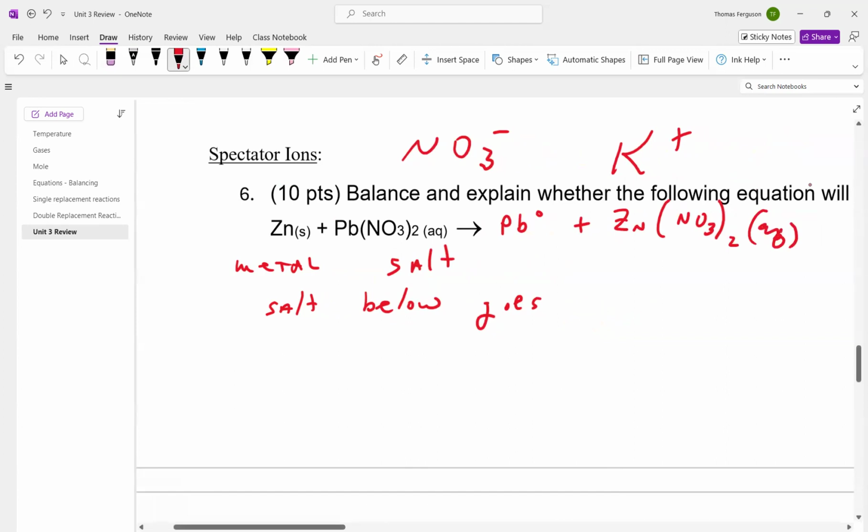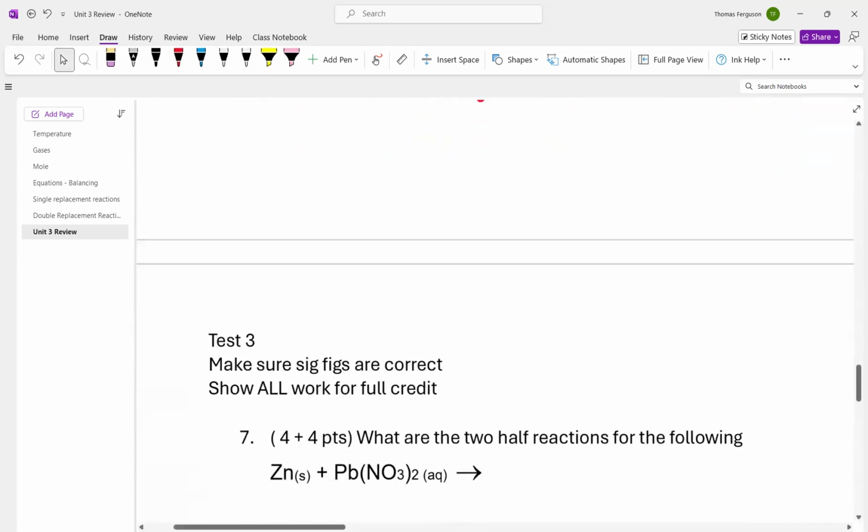Okay, is that reaction balanced? We got two NO3s, one lead, one zinc, one lead, and one zinc. And remember that expression, salt below goes. When I say goes, that means it happens. All right.